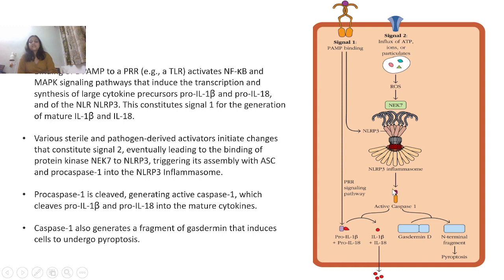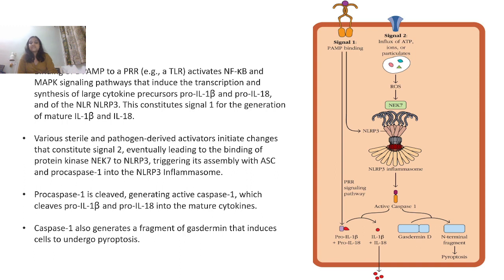So this precursor also needs to be cleaved, and when it is cleaved, it becomes active and binds to pro-IL-1 beta and pro-IL-18, and forms these mature cytokines, mature IL-1 beta and IL-18.